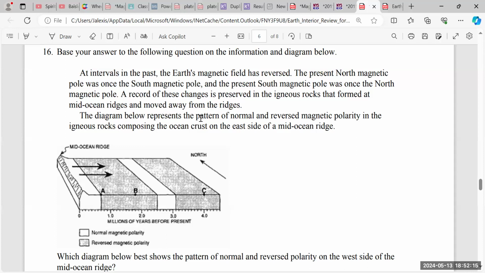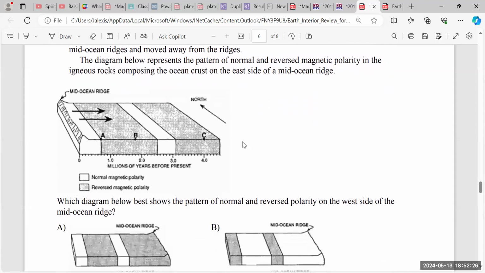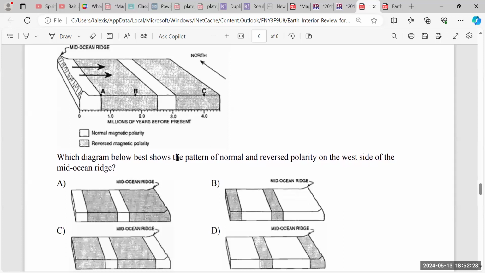The diagram below represents the pattern of normal and reverse magnetic polarity in the igneous rocks composing the ocean crust on the east side of a mid-ocean ridge. Which diagram best shows the pattern of normal and reverse polarity on the west side of the mid-ocean ridge?